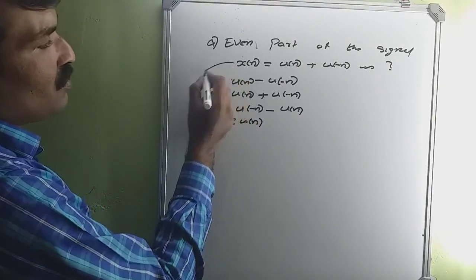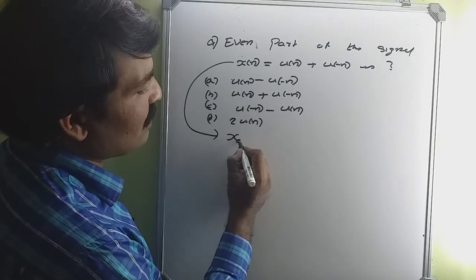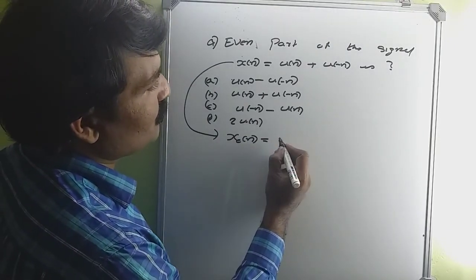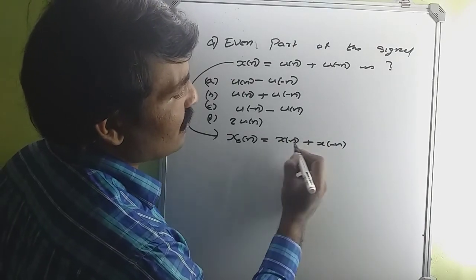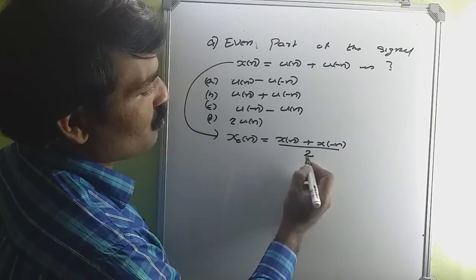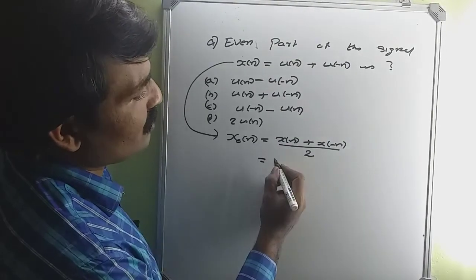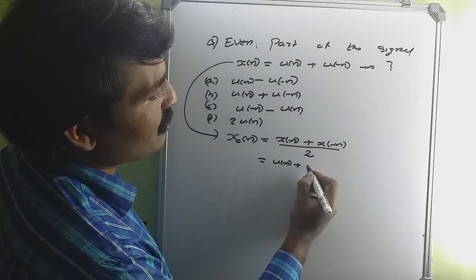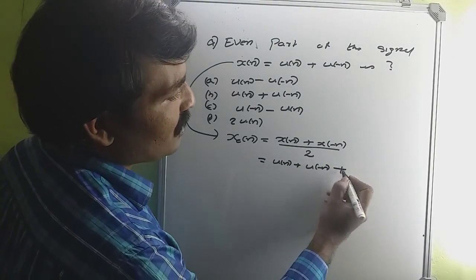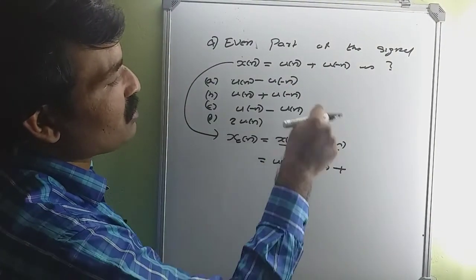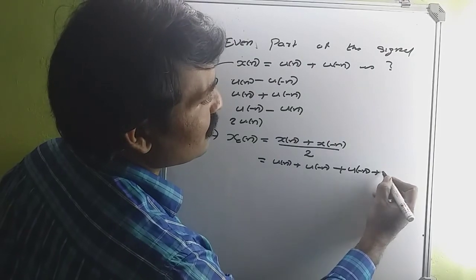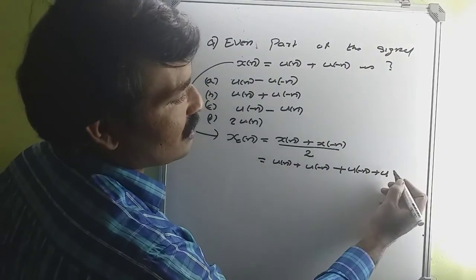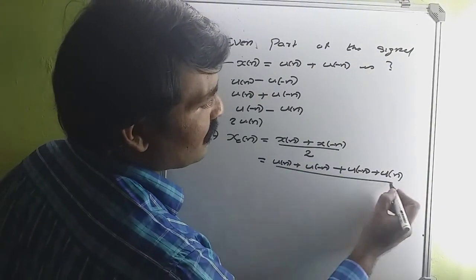And we know the even part x e of n is equal to x of n plus x of minus n divided by 2. That is, x of n is u of n plus u of minus n, plus x of minus n, where n is replaced by minus n, that becomes u of minus n plus u of n, divided by 2.